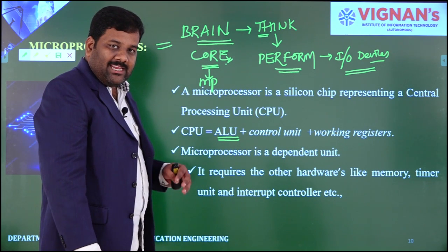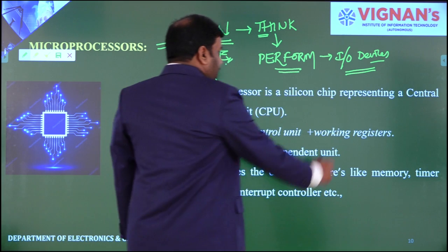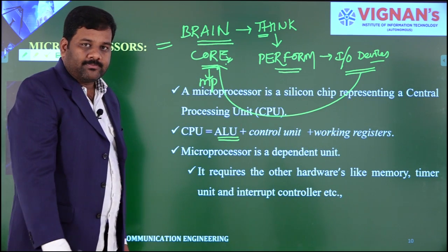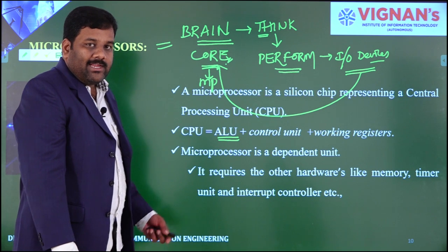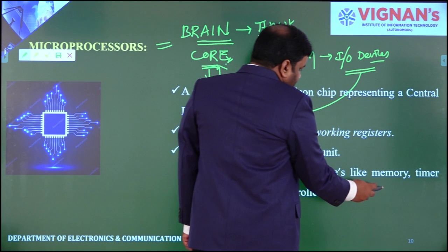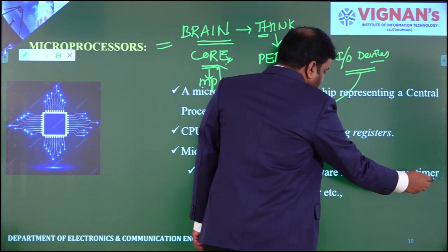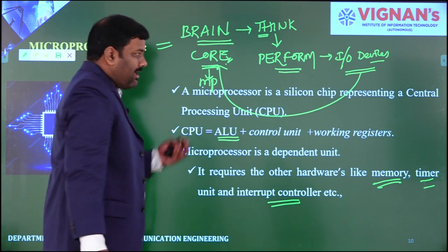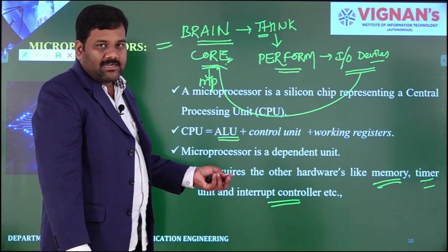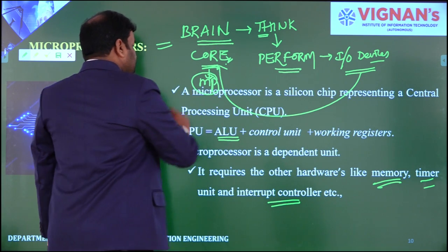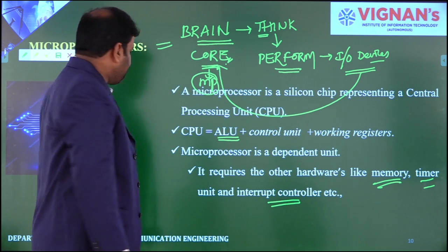Manually, we need to create the support of IO devices for the core of the embedded system. Then only can it perform further actions. These IO devices may be memory, timer units, interrupt controllers, and any external device which gives support to our microprocessor.